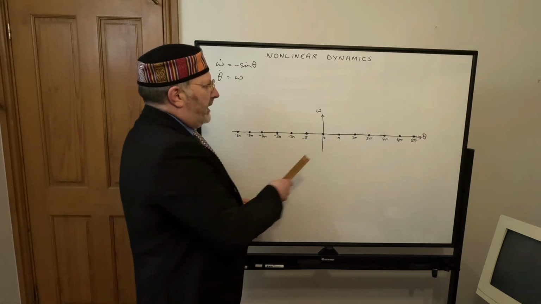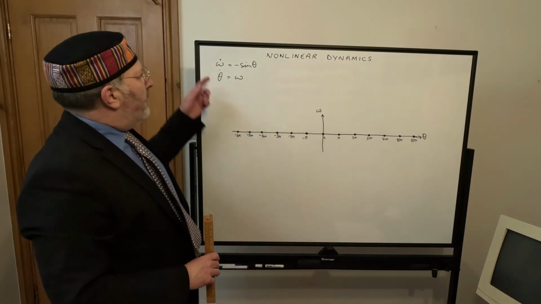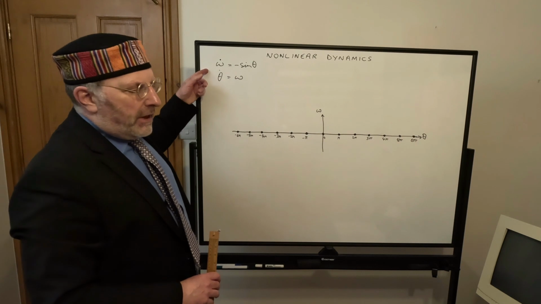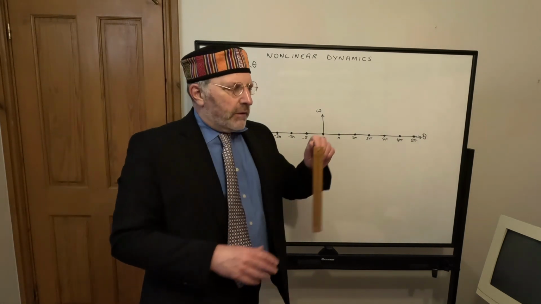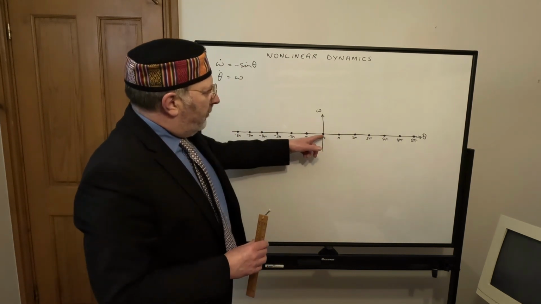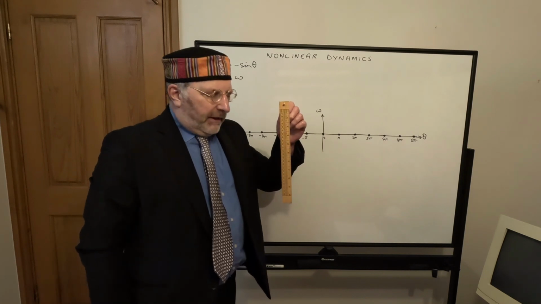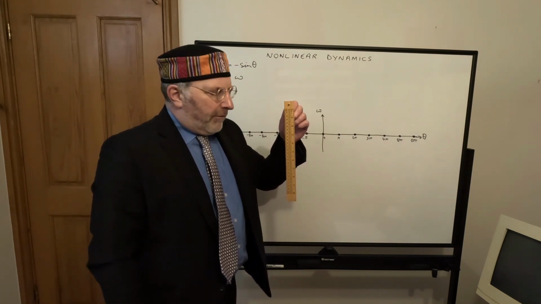Now, to fill in what this phase portrait looks like, we could go from the equations, but it's kind of easier to do it just intuitively, just by looking at the pendulum. So let's consider this fixed point here, theta is 0.